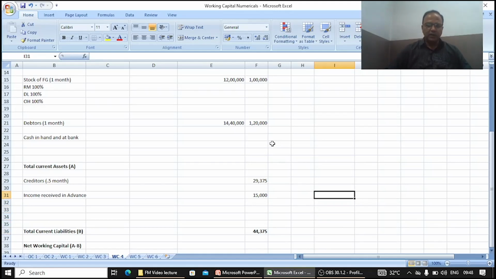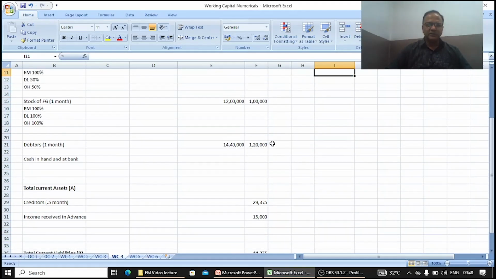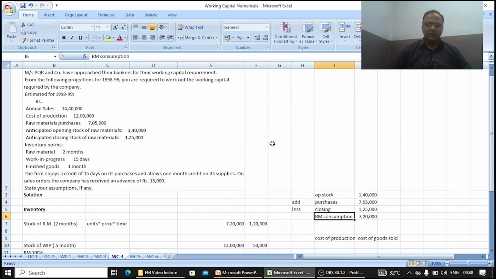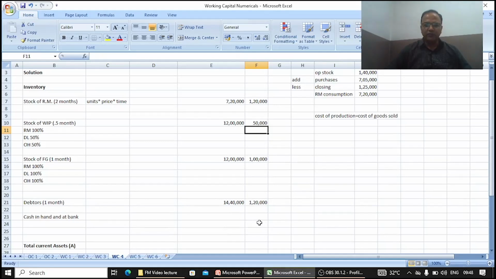Now let's find out current assets. This is 120 plus 50, 170 plus 1, 270 plus 120, 390.